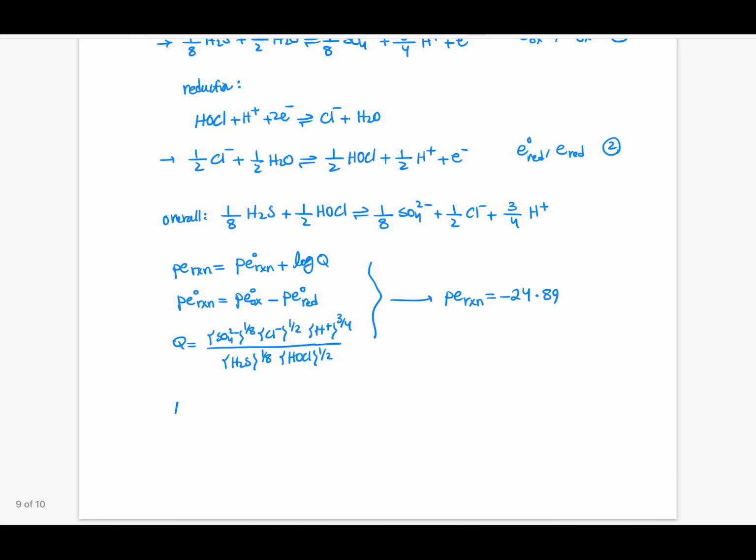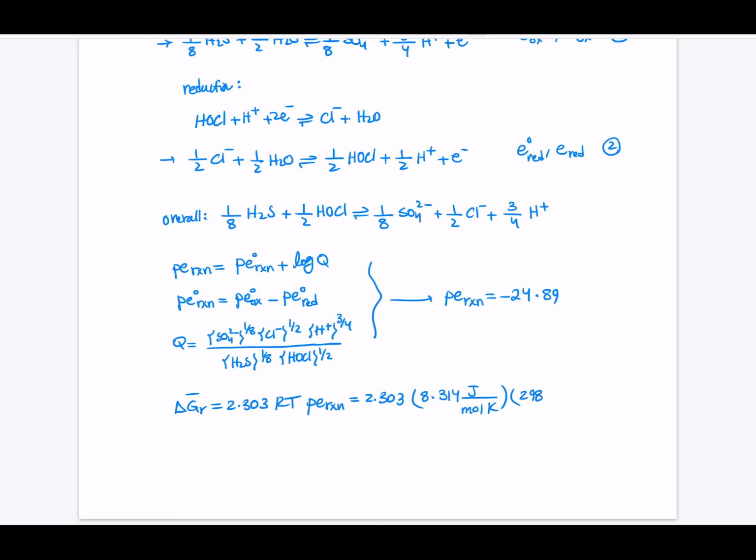So we know how delta G of reaction is connected to pE of reaction. So this would be minus 2.303 R T pE of reaction. Just be careful with the unit conversion a little bit if needed. R is 8.314 joule per mole Kelvin.